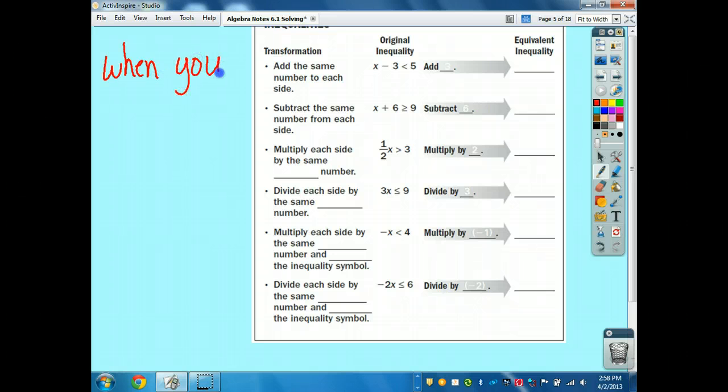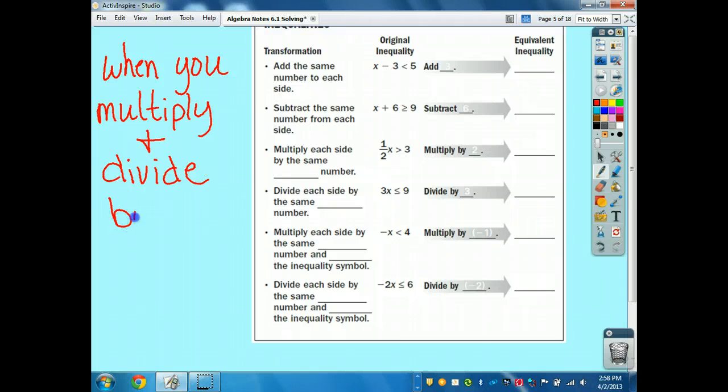When you multiply and divide, but there's another trick. It's not just multiply and divide. It's when you multiply and divide by a negative.